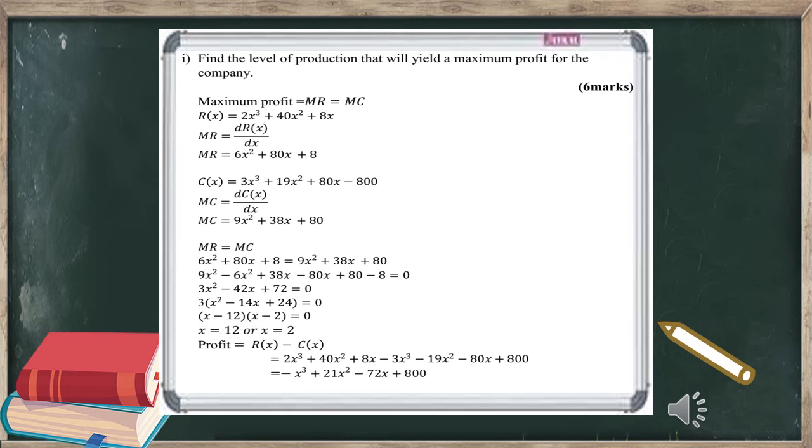So we have the revenue function is 2x power of 3 plus 40x squared plus 8x, and for the cost function is 3x power of 3 plus 19x squared plus 80x minus 800, and then we got the final answer for profit is negative x power of 3 plus 21x power of 2 minus 72x plus 800.